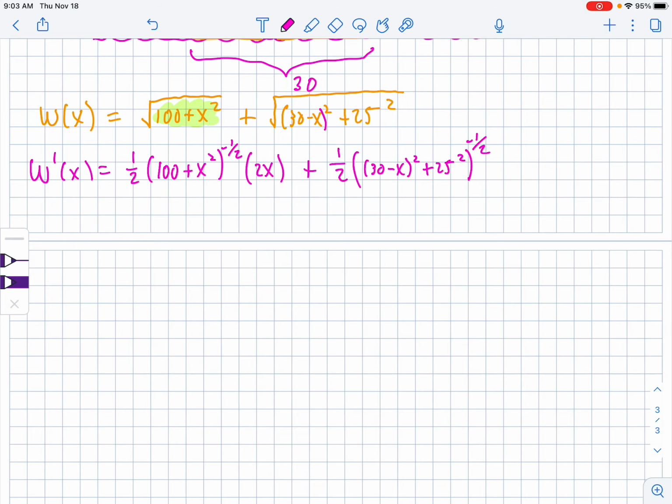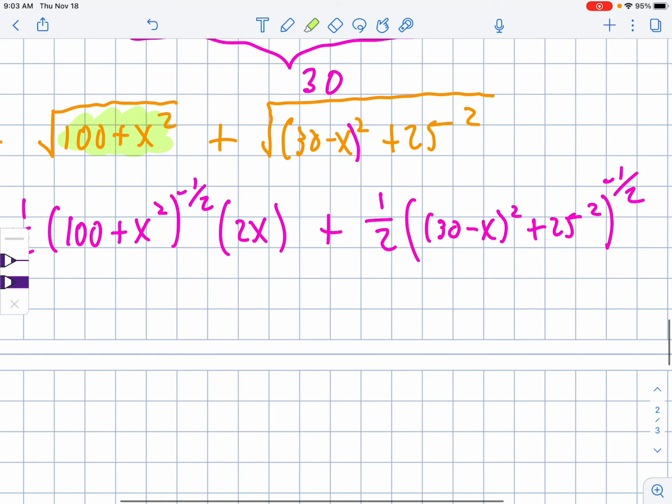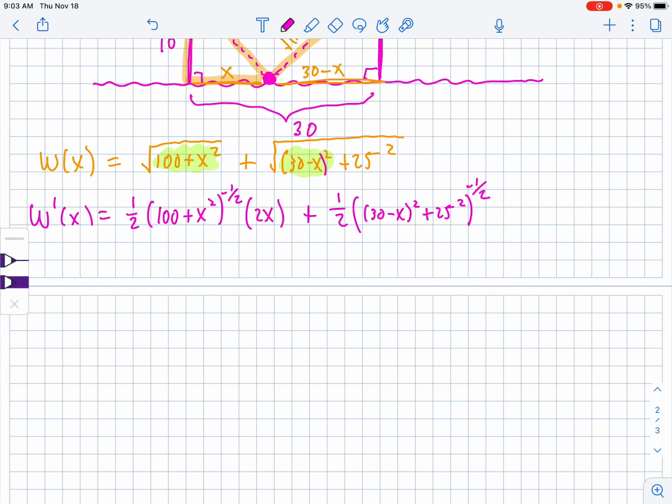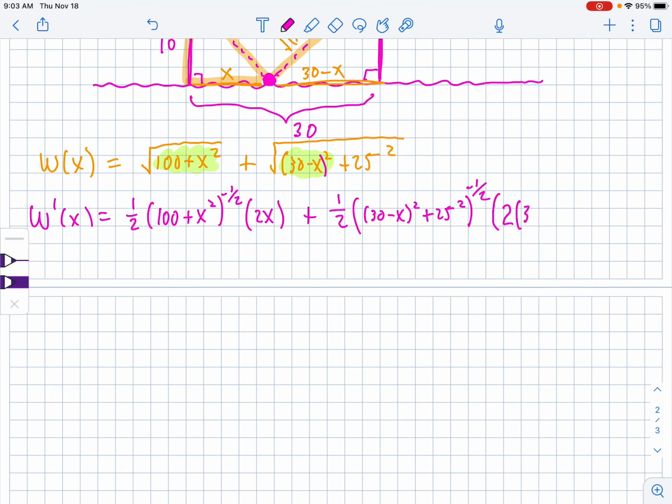The derivative of the inside is basically just another little chain rule, because it's a function inside of a function. So it's the derivative of the outside with the inside unchanged, times the derivative of the inside. So that's 2 times 30 minus x, drop the power down 1, and then you have to multiply it times the derivative of the inside. And then I believe we're good.